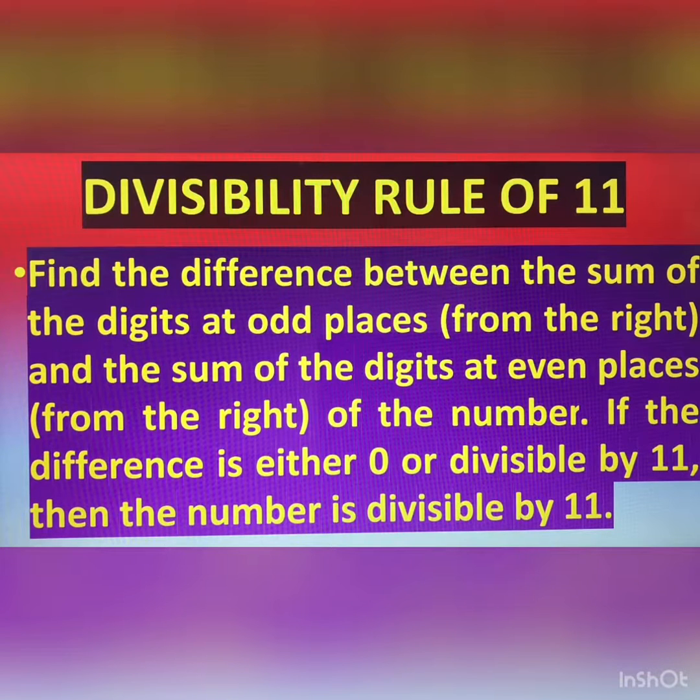This is the most important test, the divisibility test of 11. What you do in this case, you find the sum of the odd place digits and then find the sum of the even place digits, and then you find the difference of both. If the result is 0 or it is divisible by 11, then the number is also divisible by 11.